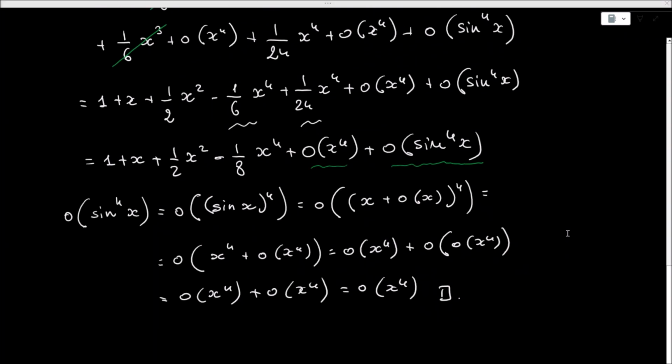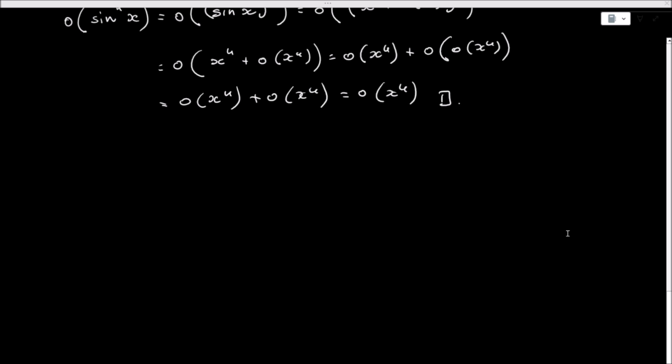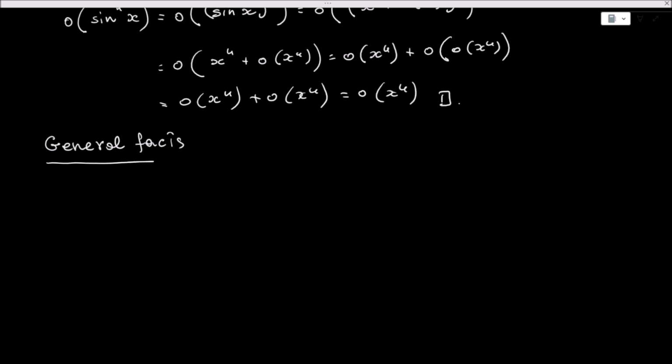Now, there are a few facts that can be generalized, okay? So we can have a generalization. General fact or facts. If we have little o of x to the n plus x to the m, I'm saying that this is simply little o of x to the n plus little o of x to the m.